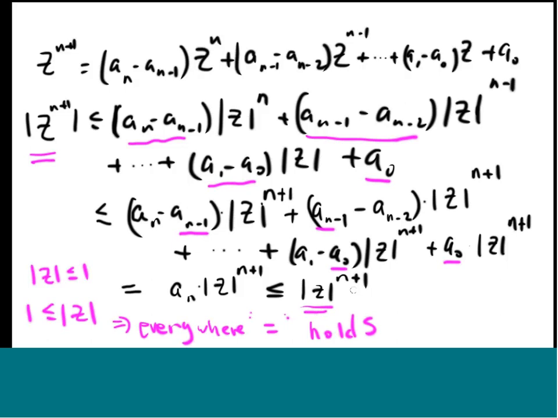So we learned that thing saying the absolute value of Z plus W is less than or equal to the absolute value of Z plus the absolute value of W. When is the inequality going to hold? Don't remember?